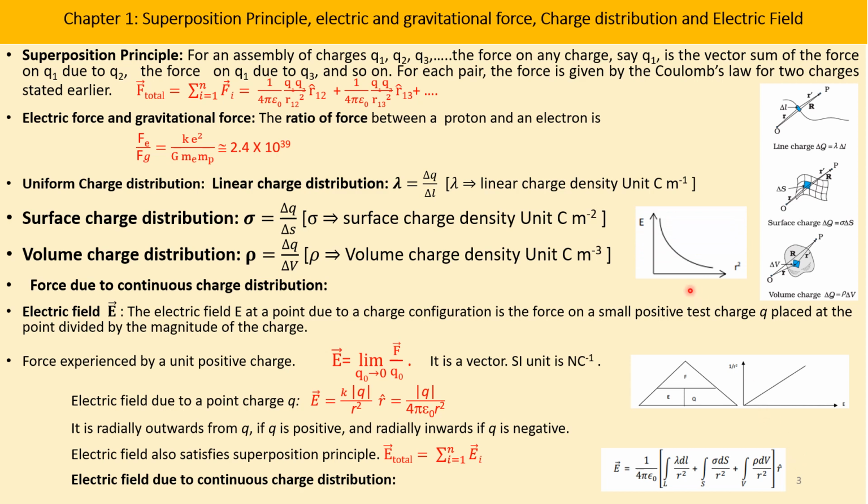If we plot electric field versus distance, E is proportional to 1 over r square. As we increase r, the electric field decreases.